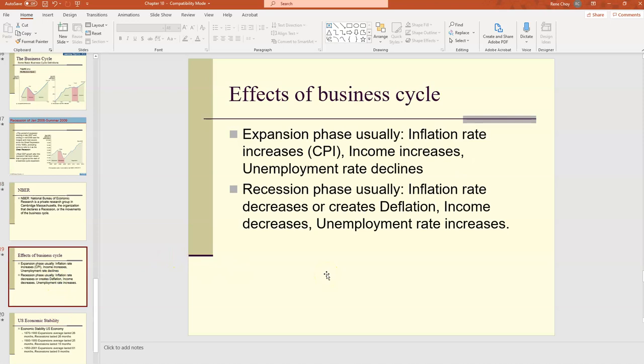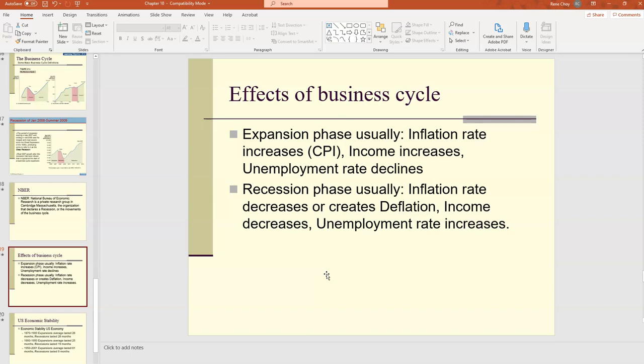Now, one of the things that you'll usually be tested on in your class is what exactly are the relationships between the positions in the business cycle and the data points that you see out there. Because in order to identify where you are on the business cycle, you have to look at the data that's being provided to you by the economy.